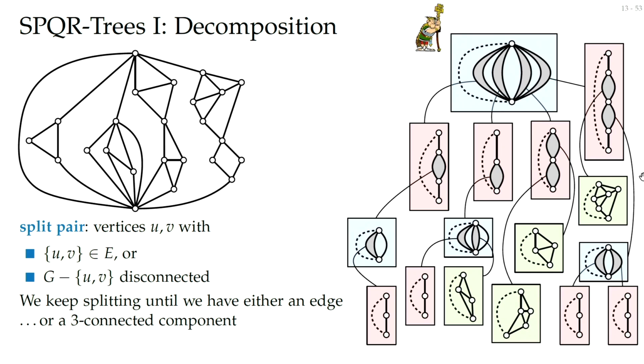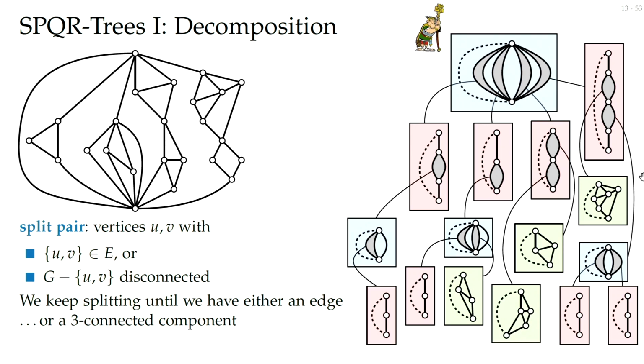But first, you can also see that I somehow colored all these components. And just by staring at it, you probably see some structure in why I colored some components in the same color. If we look at all these blue components, then there's always a vertex at the top, at the bottom, and some components or edges in between.